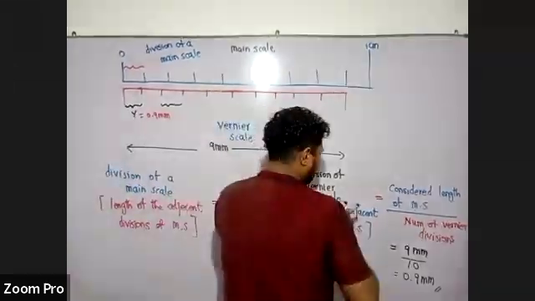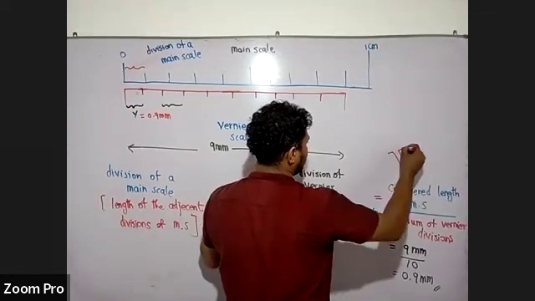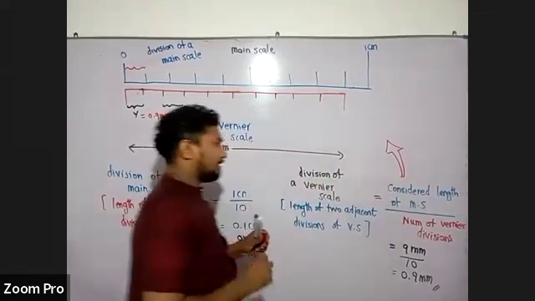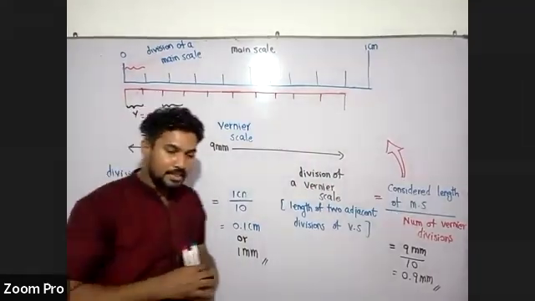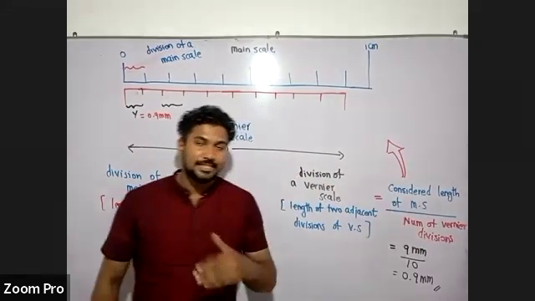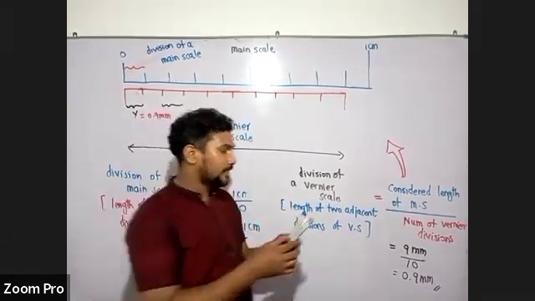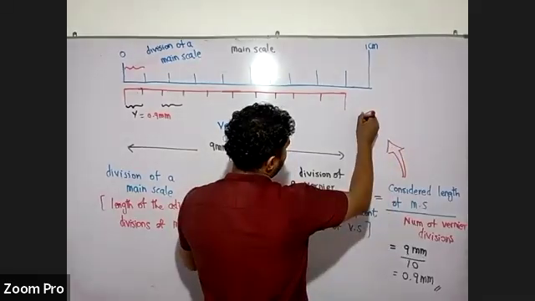Okay. Now, guys, I will tell you another important thing which is relevant to the considered length of main scale. Normally they give the exact value which we selected in the main scale, but sometimes it is not, right? So that's why I'm considering this equation.